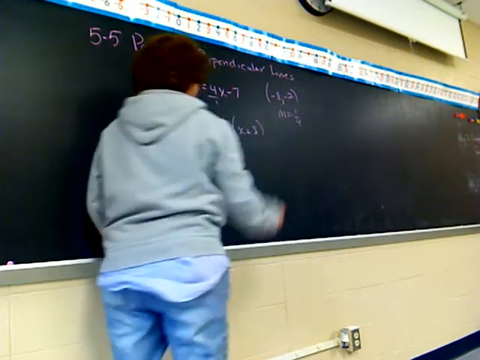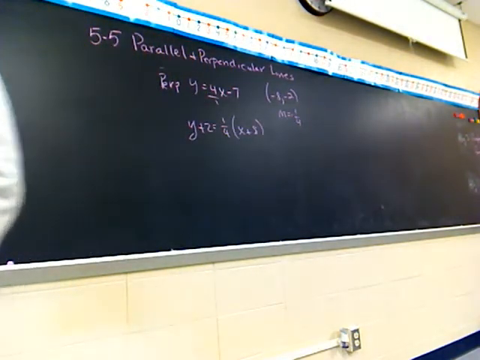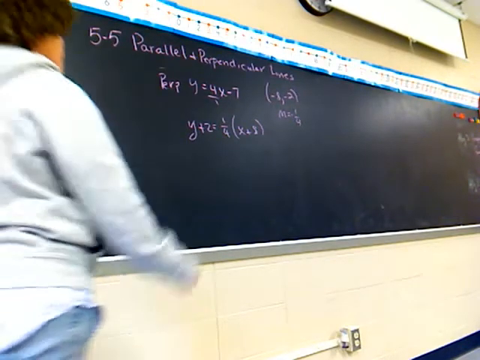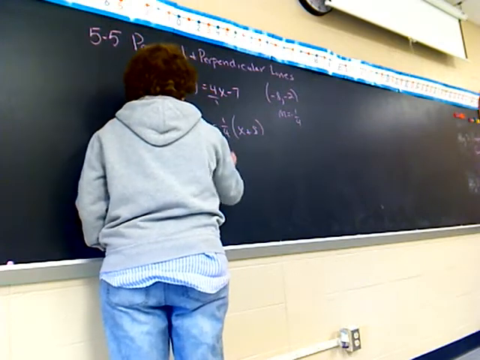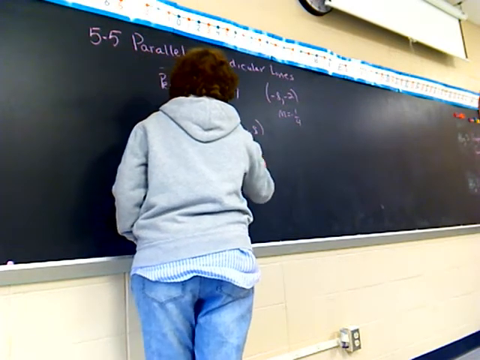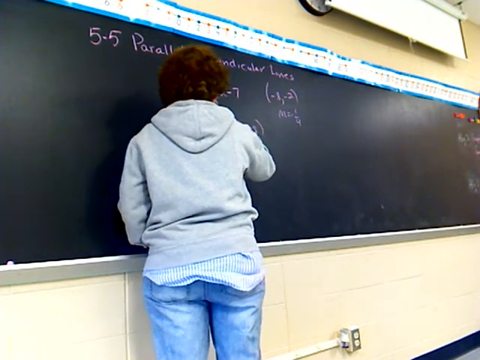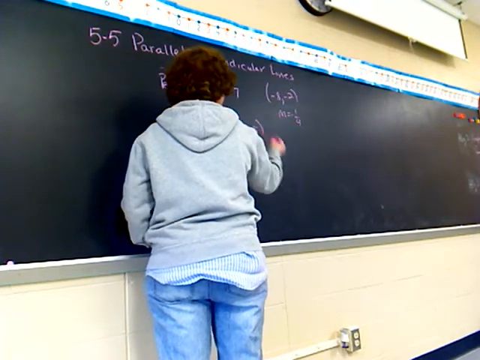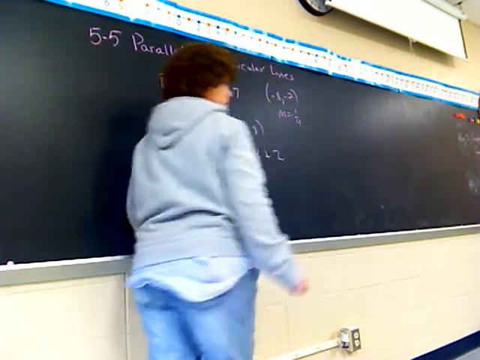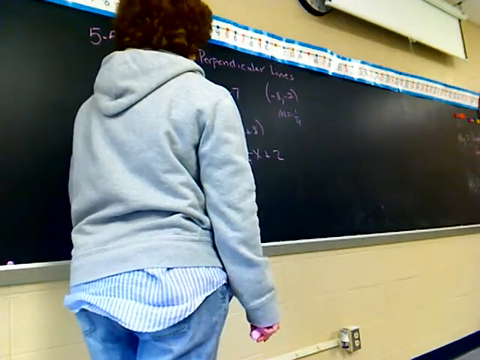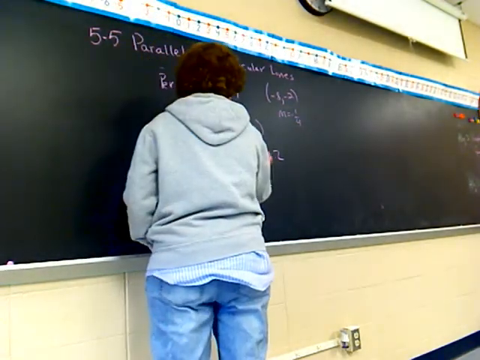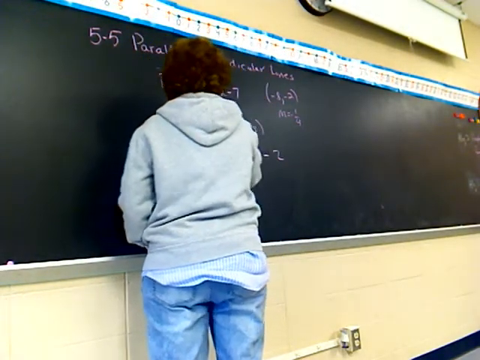So when I plug it into point-slope, that's what it looks like. I'm going to distribute this 1/4. So we get y plus 2 equals 1/4 x. Then 8 times 1 is 8. 8 divided by 4 is 2. Oh, wait, thank you.